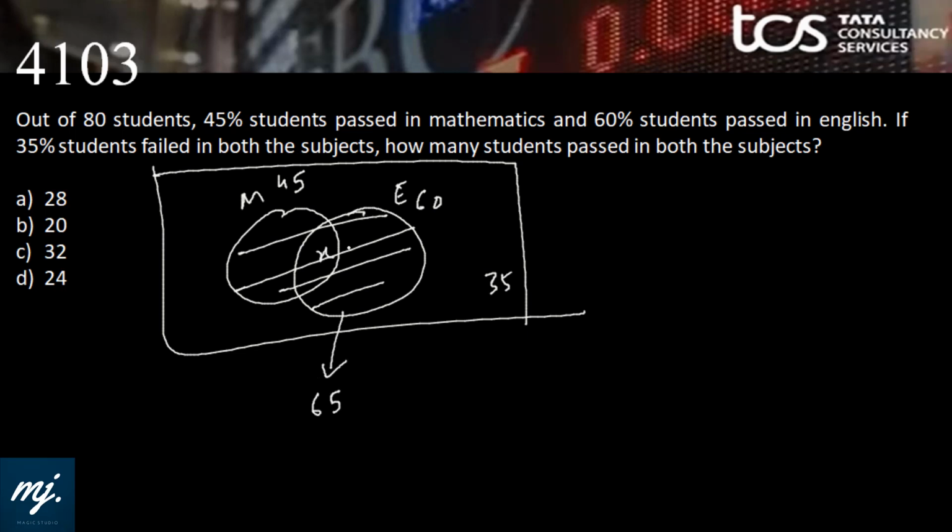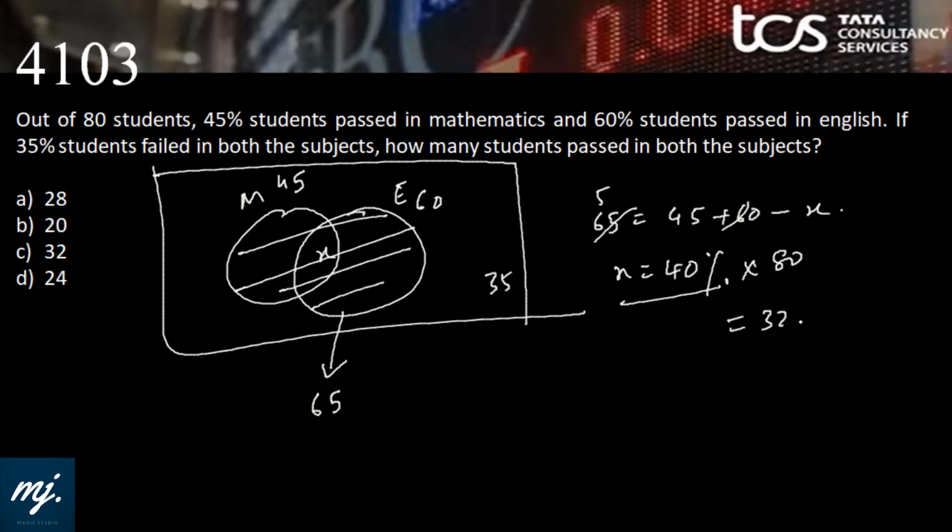How many students passed in both the subjects? So we know the drill, union equals 45 plus 60 minus x, this is 65, then x is equal to 40. That means 40% of the students have passed in both. 40% of 80 is 32. Option C fits in.